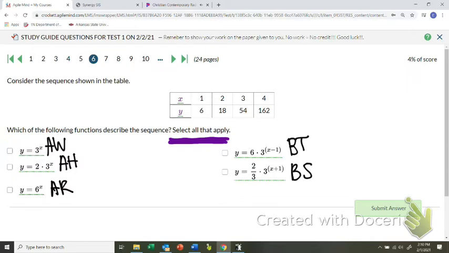We could look at this one and just say, well, 3 squared is what? 9, but it says it is 18. So that's not right. All right, Allie. 2 times 3 to the x and your y equals. When you put in a 1, do you get out a 6? No? Are you sure?